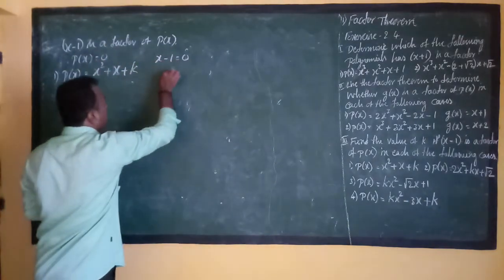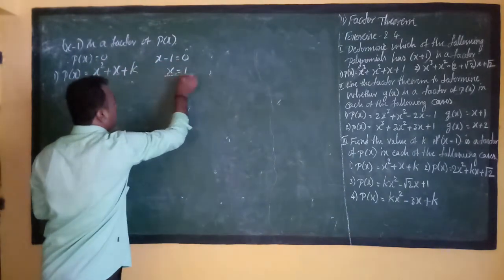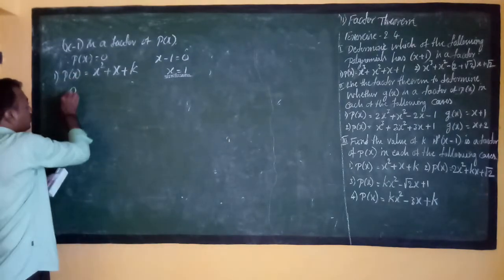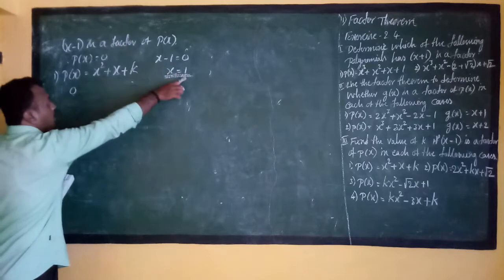Equating it to 0, x is equal to plus 1. This value we have to substitute here. P of x becomes 0 and the x value becomes 1.